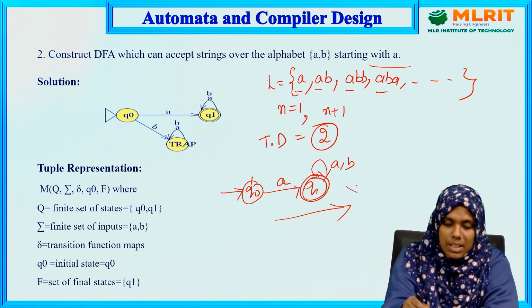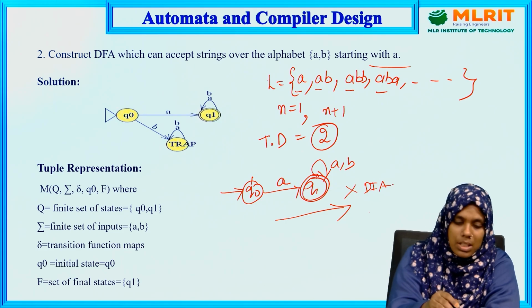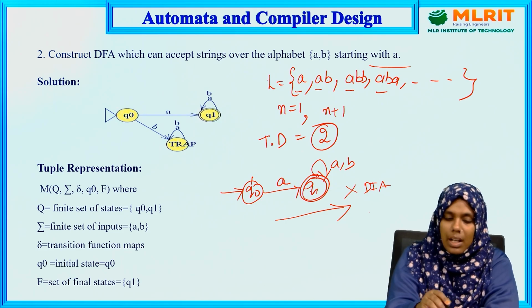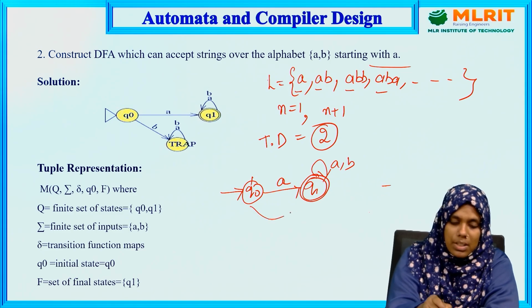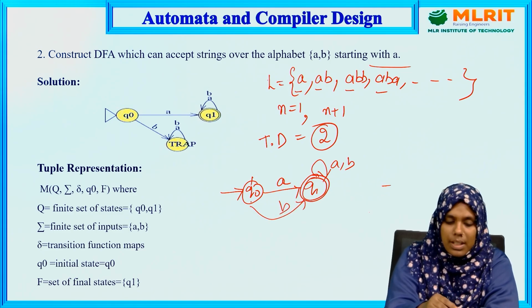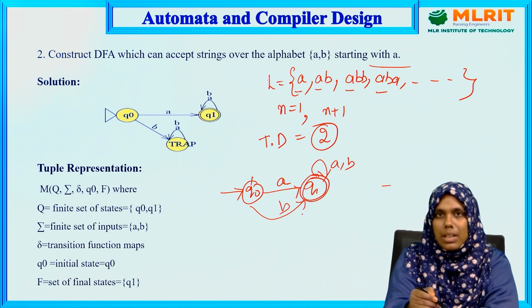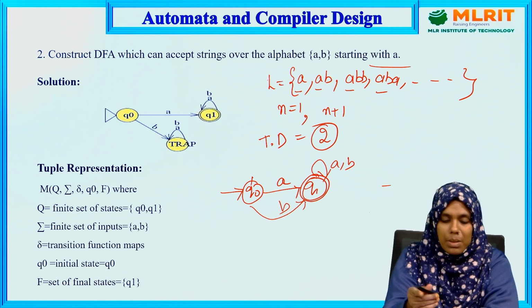But this is not a DFA. Why is it not a DFA? Because Q0 has a transition with A, but not with B. So in that case, we can't give it like this either. If you give it like this, again it has the possibility to start with B also.